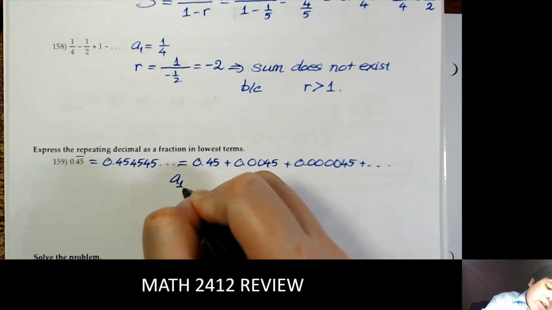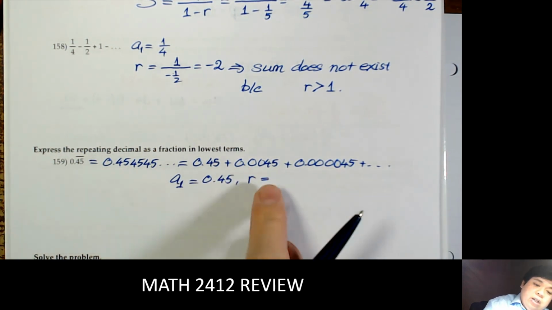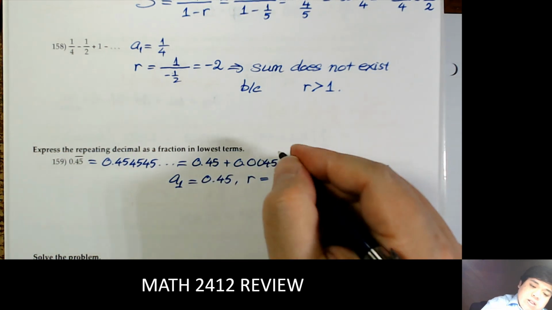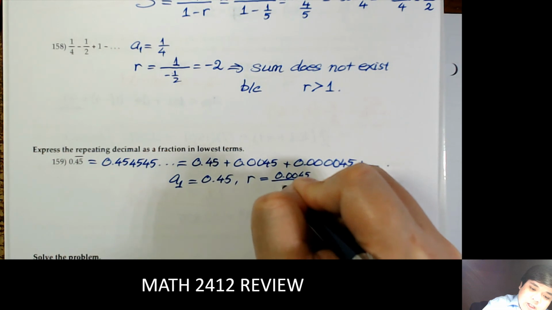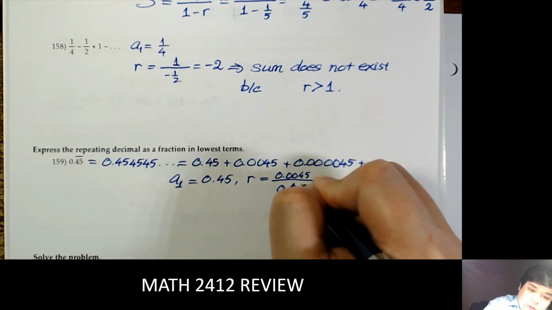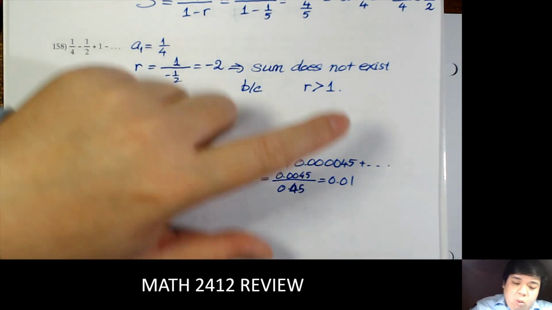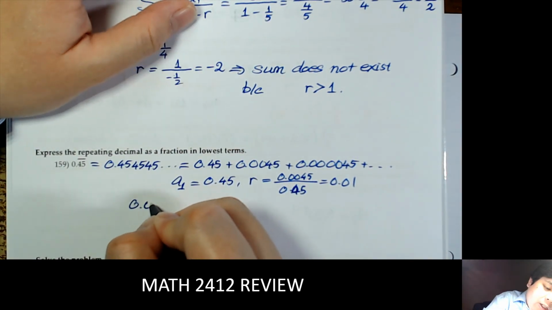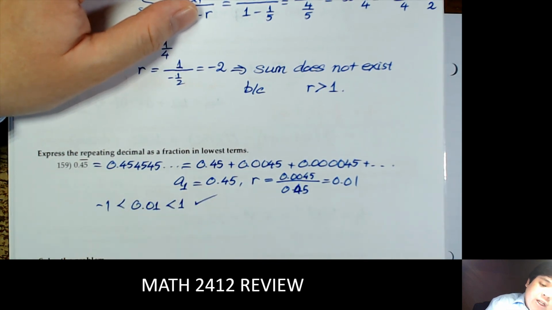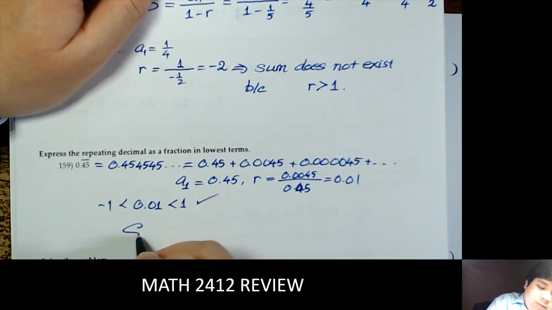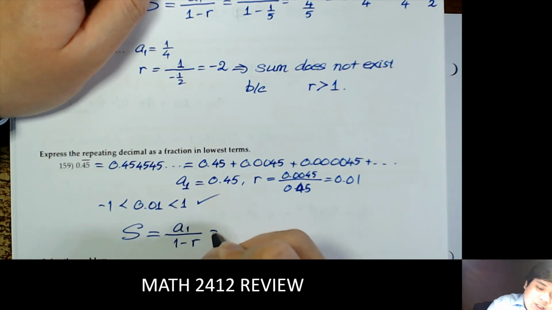The first term is 0.45, and the common ratio is found by dividing backward: 0.0045 divided by 0.45 is 0.01. As 0.01 is between 1 and -1, in that case the sum is equal to a1 over 1 minus r.